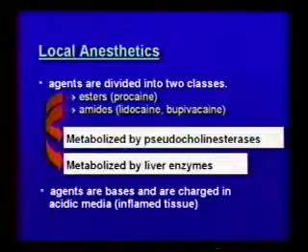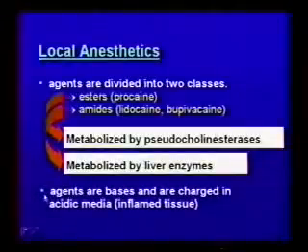As a result, if an animal has already been treated with an anticholinesterase agent, it will markedly interfere with the metabolism and elimination of an ester-type local anesthetic. The amide-type local anesthetics, of which lidocaine and bupivacaine are two widely used agents, are metabolized by the liver and do not rely so heavily on the pseudocholinesterase pathway for elimination.